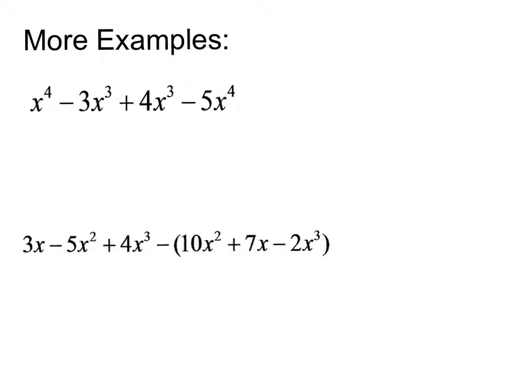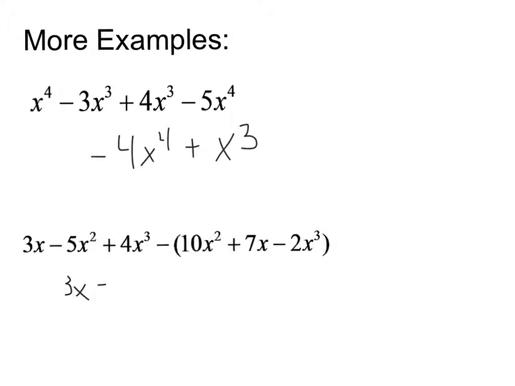So I have a few more examples here on the back for us to try. Again, you should try these on your own first and then check your answers as we go, but I'll fill them in. The first one, if I combine those, I'd get a negative 4x to the fourth plus x to the third. The next one, I would want to distribute that negative first.